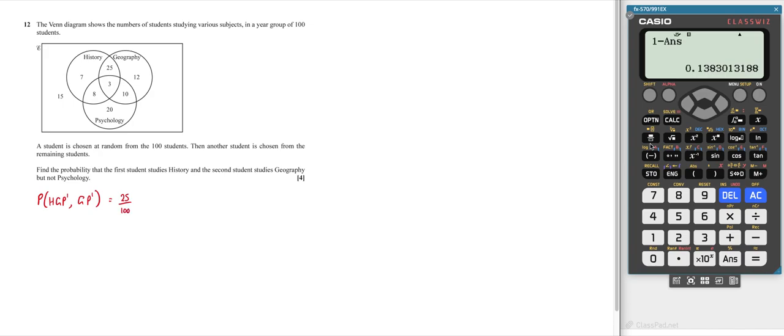That is that region there. That's your first person. And your second person is geography, but not psychology. If I've already picked from that one, that means there's 24 left in that section plus 12. That's 36 over 99.